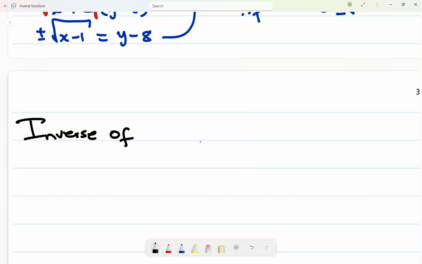On the inverse, we're going to deal with three functions here: the straight line, the parabola, as well as the exponential. Inverse of a straight line. All right, let me say inverse of a linear function.